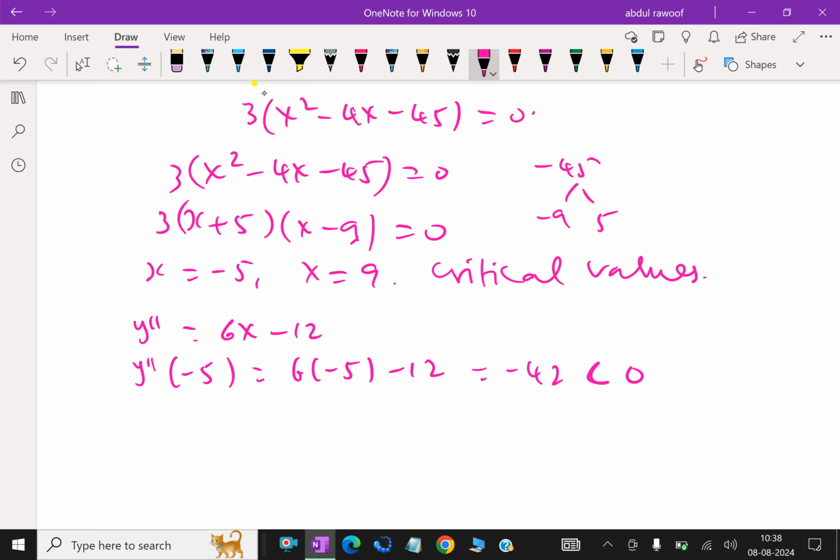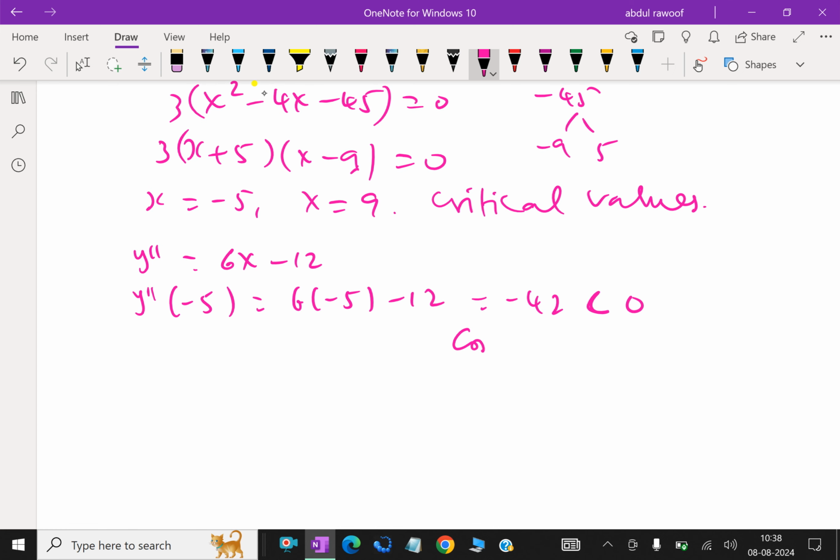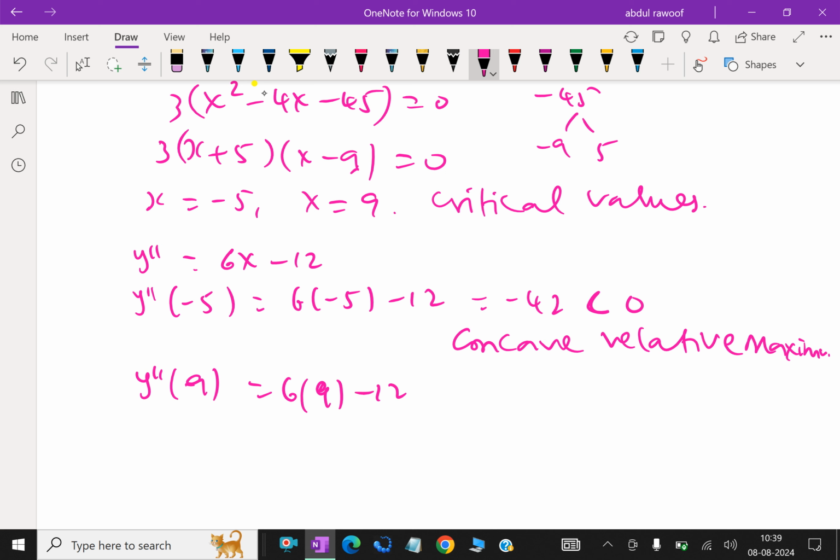So concave, relative maximum. So concave, relative maximum. And y double dash of 9 gives 6 into 9 minus 12, which is equal to 42.